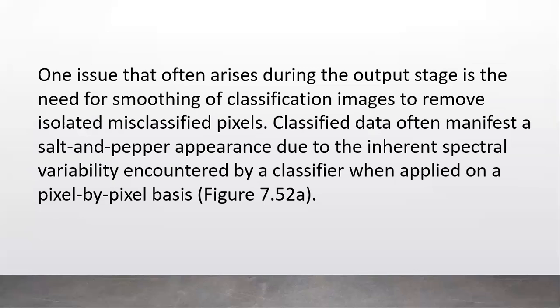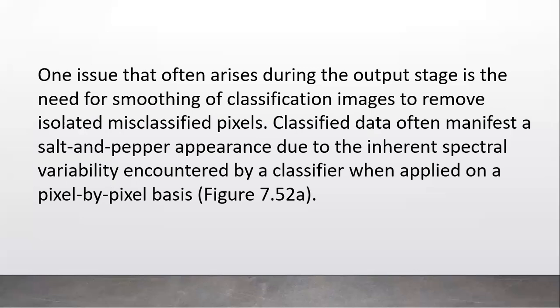One issue that often arises during the output stage is the need for smoothing of the classification image to remove isolated misclassified pixels. That means error. In case of that pixel error, that is known as misclassified pixels. Classified data often manifest a salt and pepper appearance.